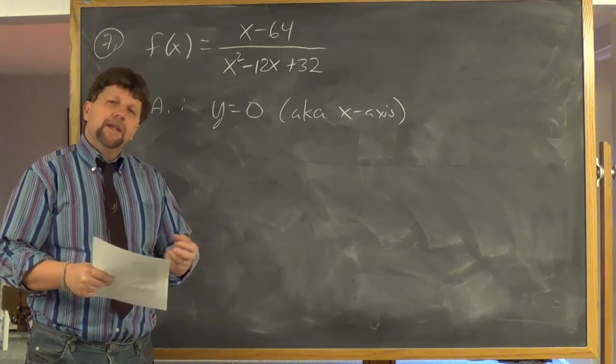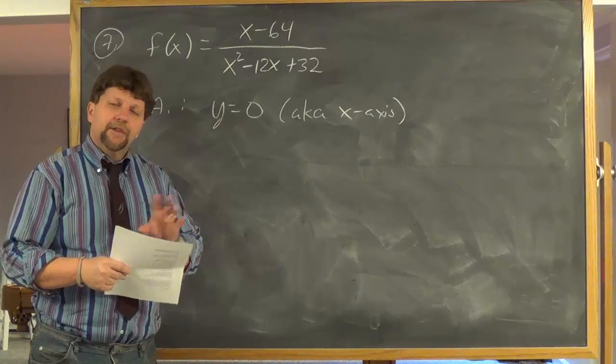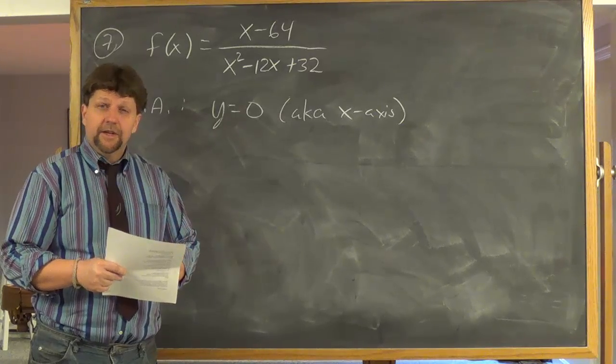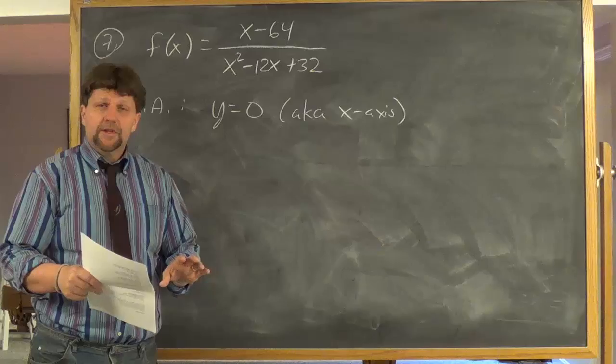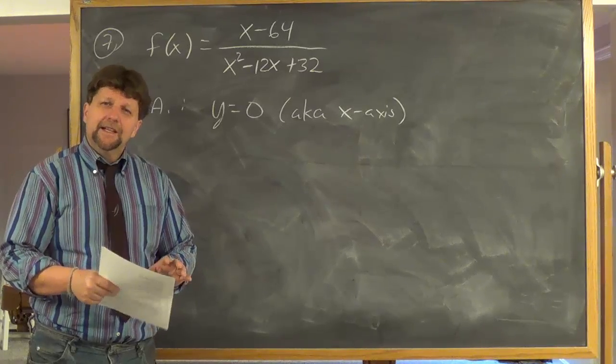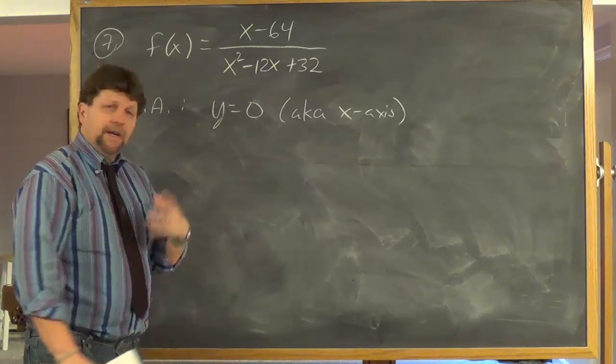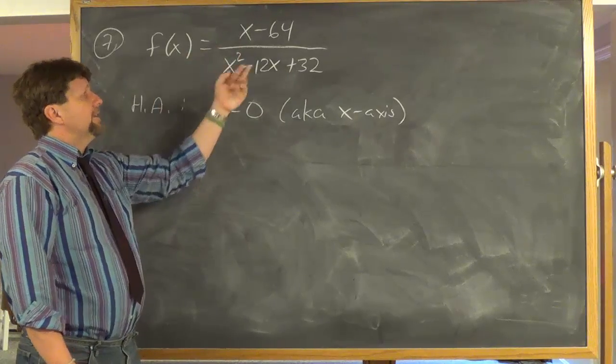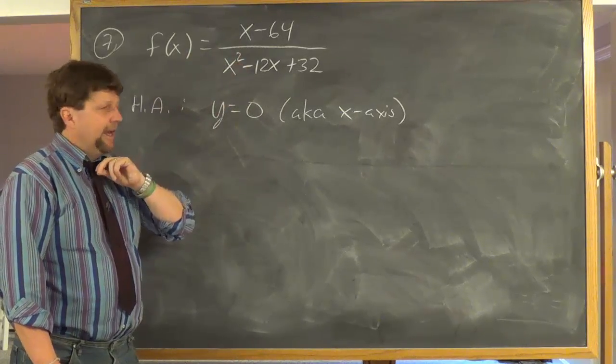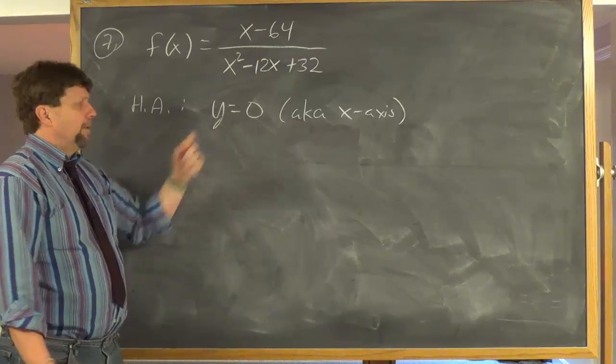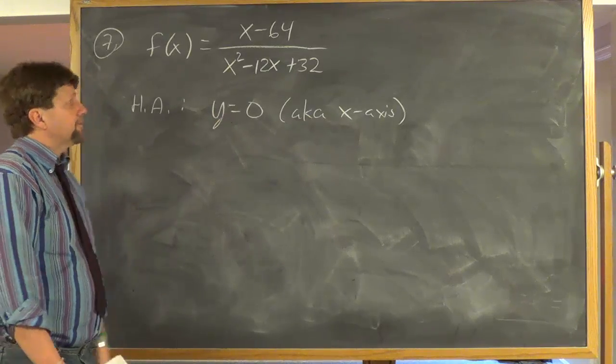And then the other possibility is if the degree of the numerator is larger than the degree of the denominator, then you don't have a horizontal asymptote. You have what's called a slant asymptote. But here we had degree of the numerator less than degree of the denominator. In any situation that occurs, boom, that's your horizontal asymptote.